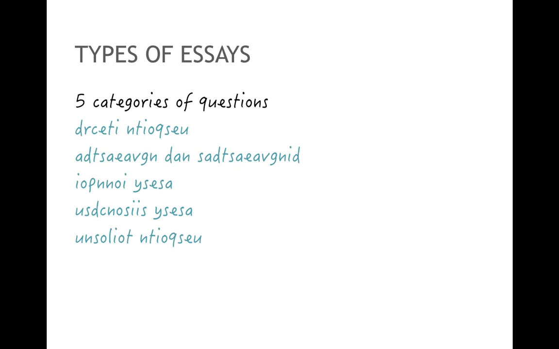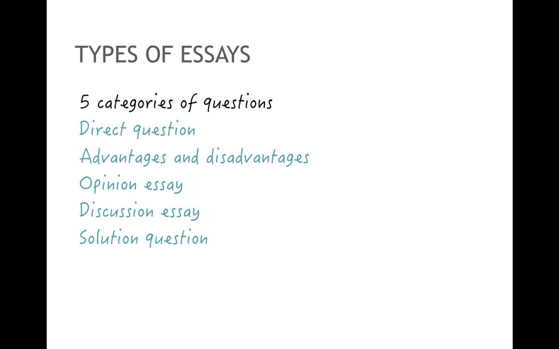So if you look at all of them, let's have a look if you got the right answers. The first type of question is direct question. We'll have a look at each one of them in detail in the next few slides. The second one is advantages and disadvantages. The third type of question is an opinion essay, where they ask you your opinion, whether you agree, disagree, or what.